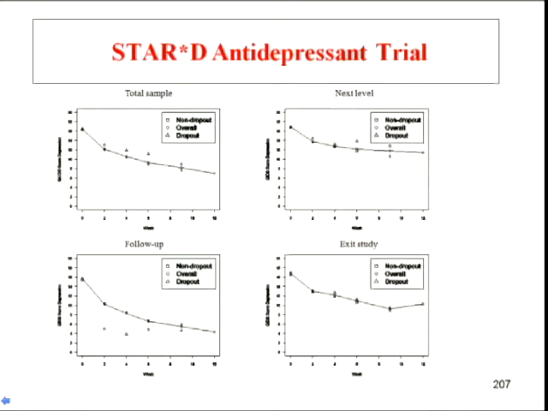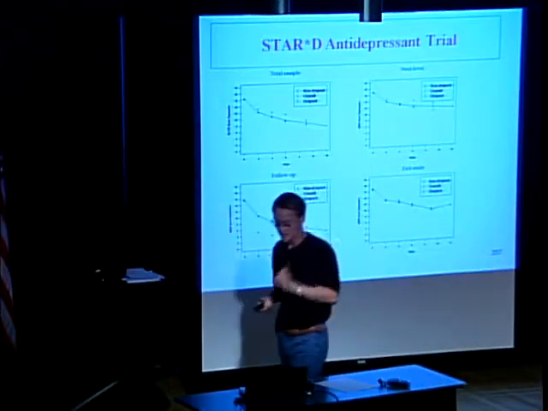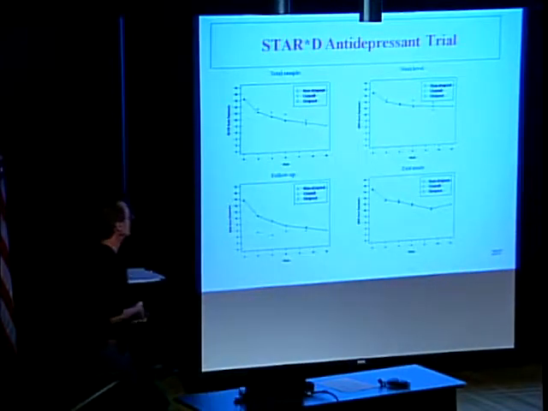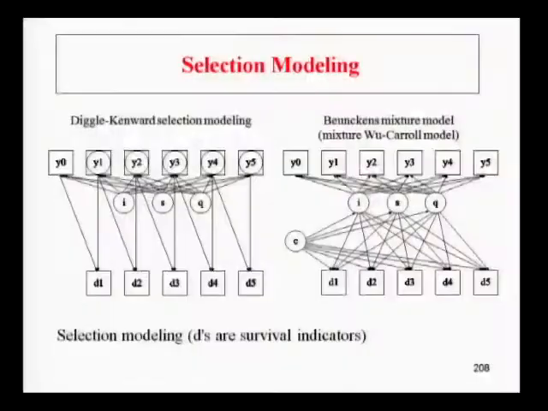So we're going to do NMAR modeling and MAR modeling. We'll say that clearly. And we're going to start with selection modeling, which I expressed statistically, which may not have been totally clear for people who don't think in those terms.